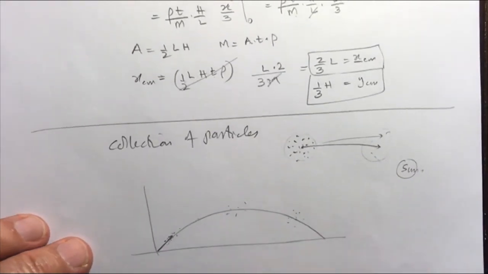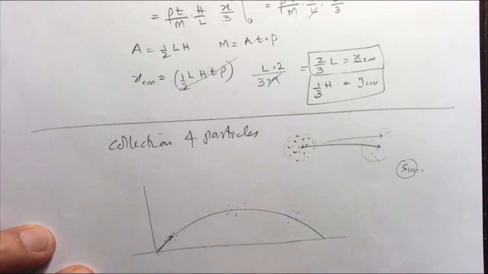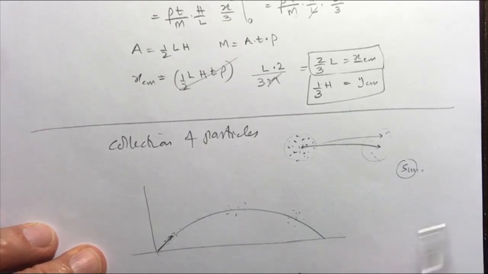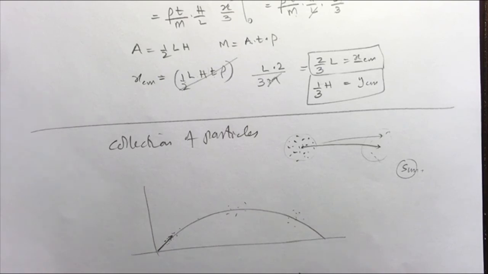Or if you shoot a firework up and it follows a curve, and it blows up here, one part goes here, another part goes here, the center of mass of these two must remain on that line. As it falls, the center of mass of these two must remain on that line.